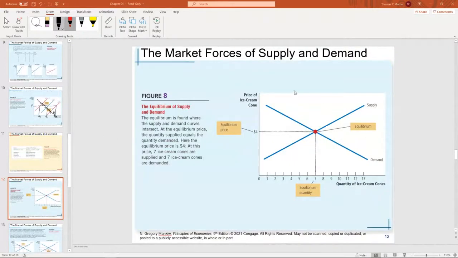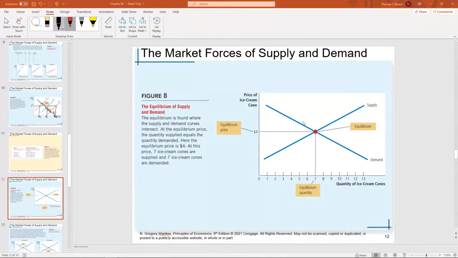Here's the basic supply and demand curve. They took the supply curve from the ice cream, they took the demand curve from the ice cream. Based on this information, if I were to tell you that the price of milk goes up, you'll see a decrease in the supply of ice cream cones because their cost to produce the goods will go up.